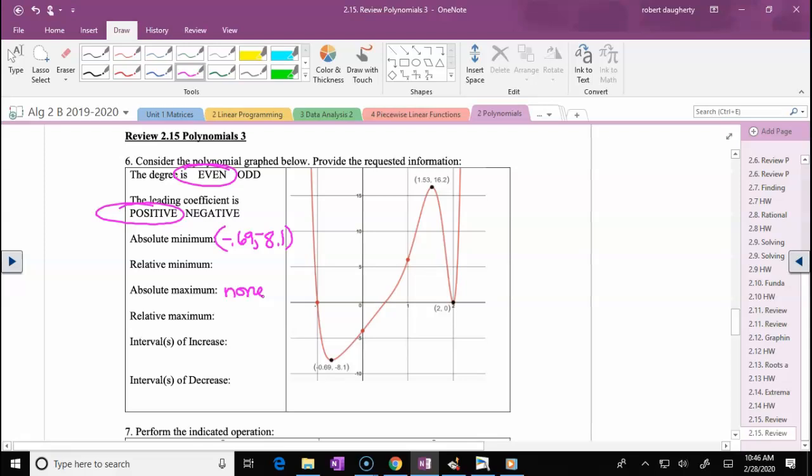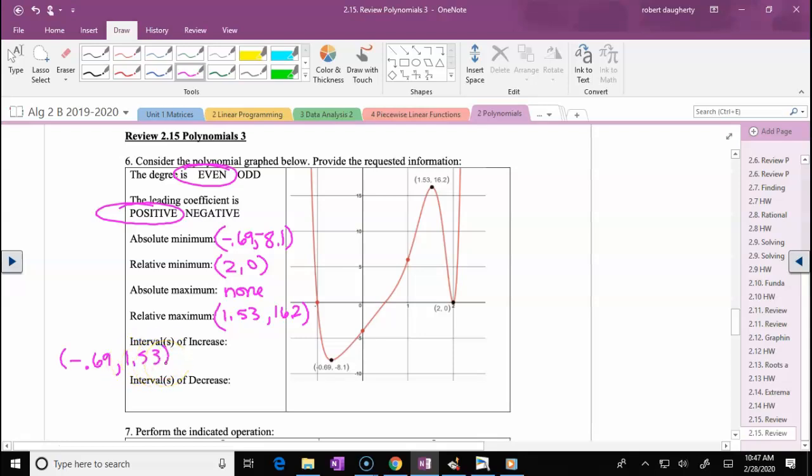So any other max or min has to be relative. So it looks like there's going to be a relative minimum at 2, 0, and a relative maximum at 1.53, 16.2. Intervals of increase. So as I travel from left to right, I increase from negative 0.69 until I get to 1.53.